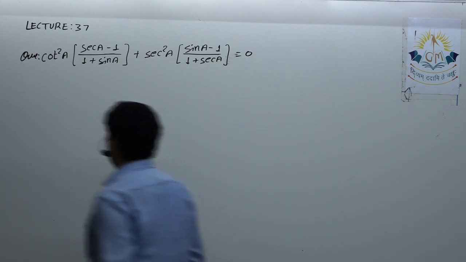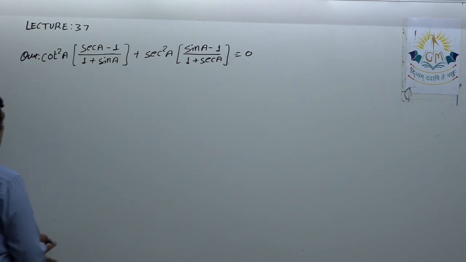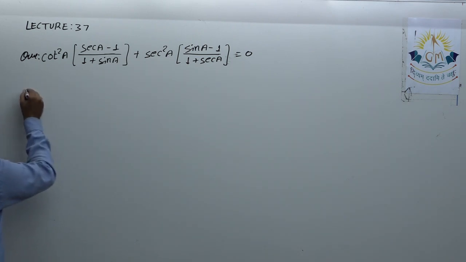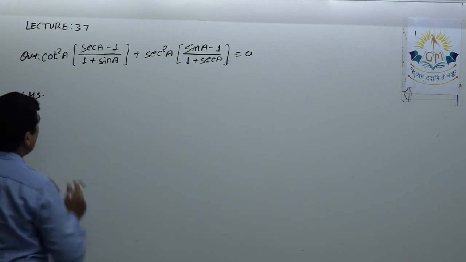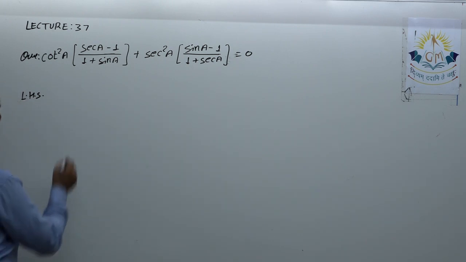Okay, now let us see how to solve this. So here we'll start its solution by the left hand side. We'll convert the trigonometric ratios in the form of sine and cos.